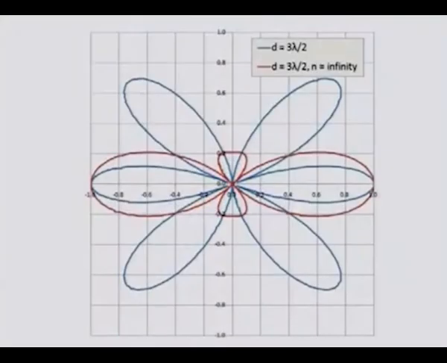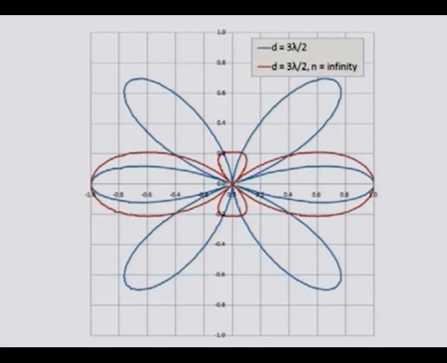And the second important thing to note is that the overall intensity of sound which is being emitted in 90-degree direction is extremely small compared to the overall intensity of sound when we had only 2 sources.